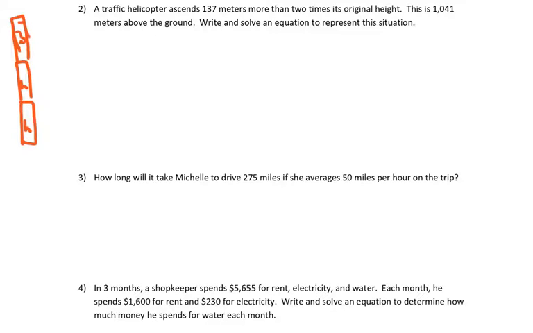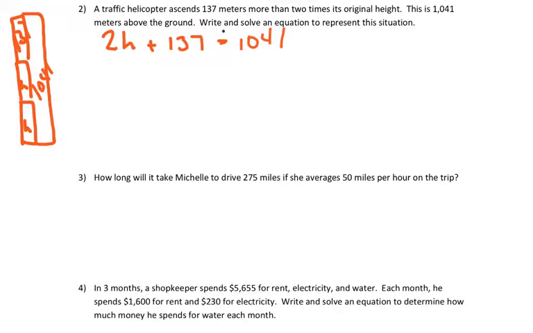It says its height is 1,041 meters above the ground. So this bar here is 1,041 meters. So that helps us set up our equation. Our equation is going to be that 2h's plus 137 is equivalent to 1,041.